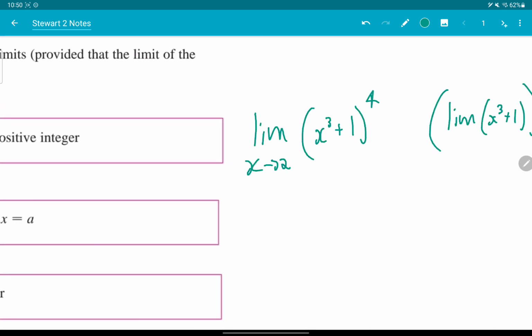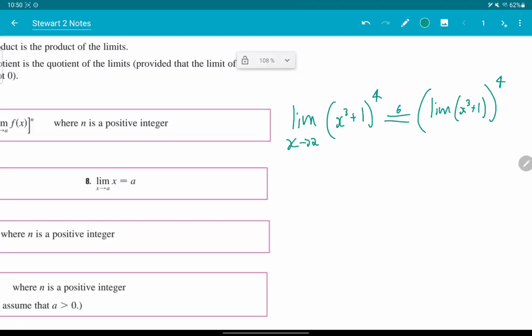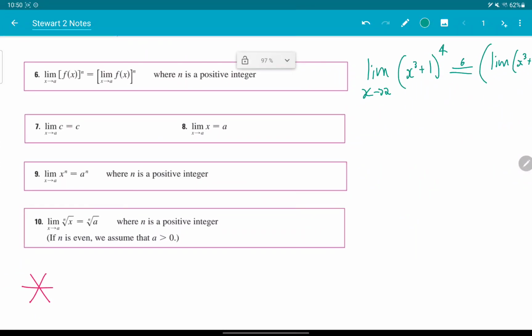And when I use law number 6, maybe you want to just put a little 6 here. You don't have to, but it may help you organize your thinking. 7 and 8 are, we're getting very precise here, and we're making very precise things that may seem obvious. A limit of a constant is just that constant. Limit of x is going to be, well, just a.